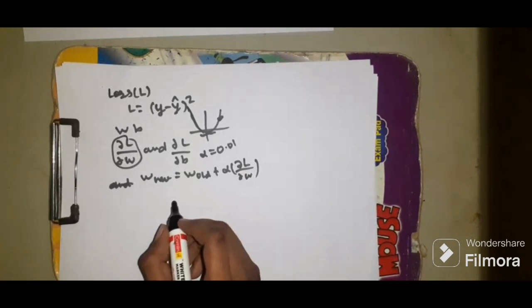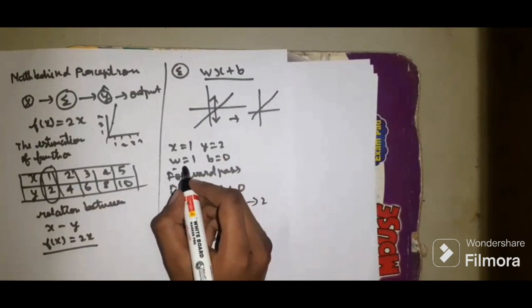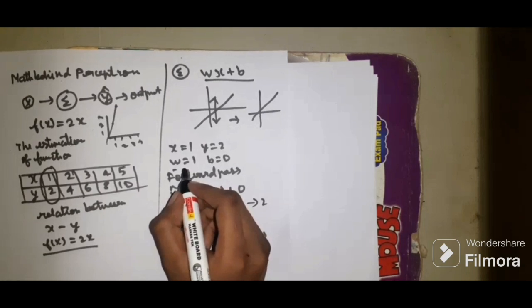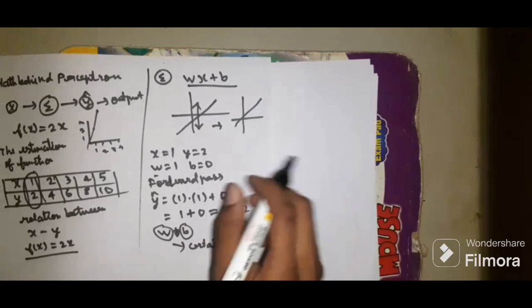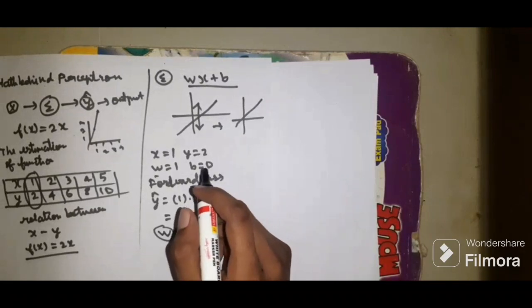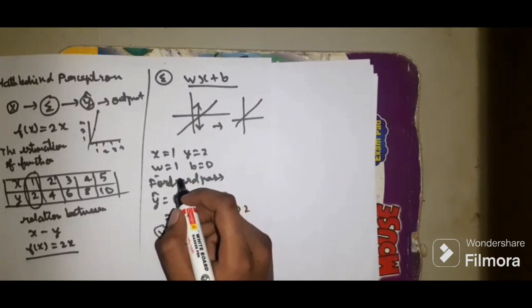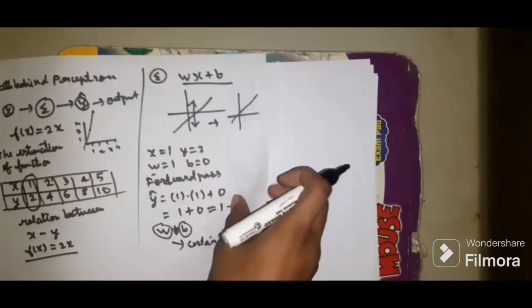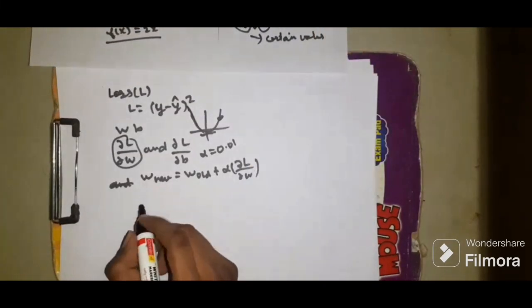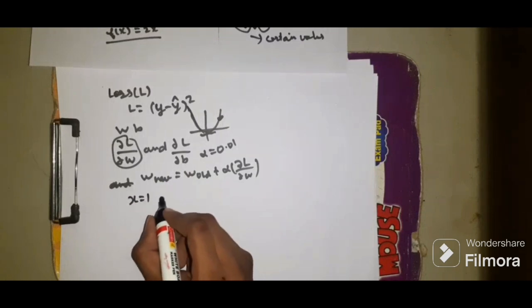Let's calculate first. We have set the inputs and outputs, and we have set the weights and biases over here as 1, and the output will be 2, and the random weight we have set over here is 1, and the bias over here is 0, and we take these values over here.